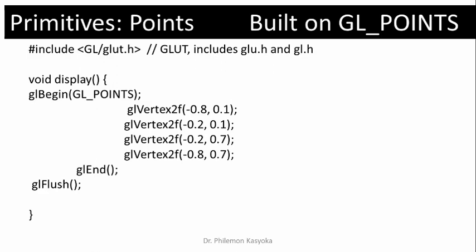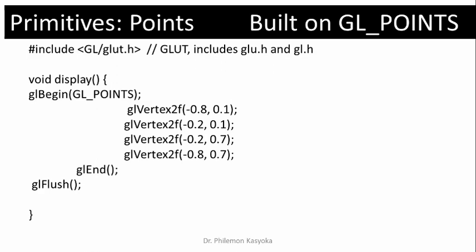Now we have our function here that we like using. You can give it any name that you wish, but in most cases we work with void display. Within that particular function is where we begin to give the parameters of our geometric primitives that we are working with. Now we're working with points.